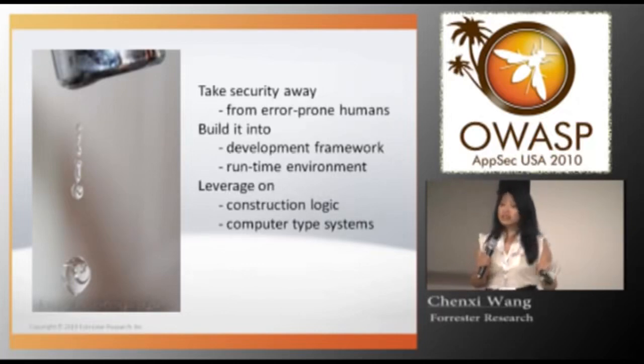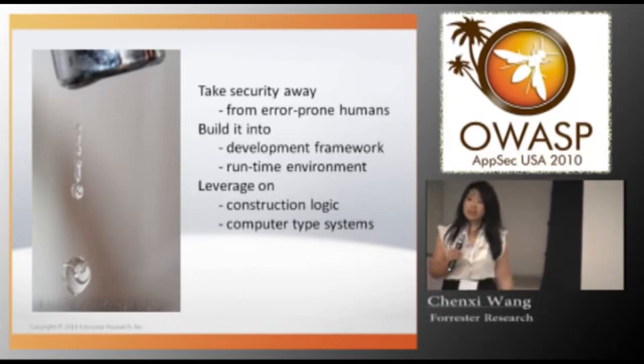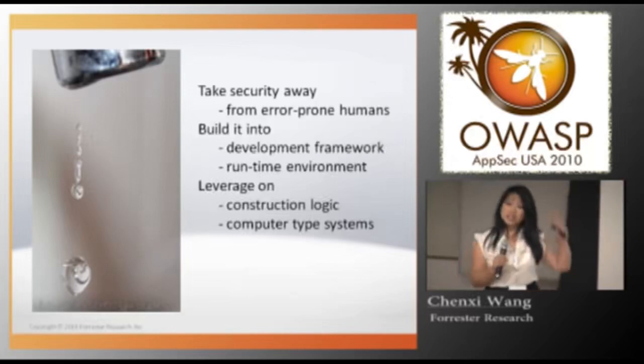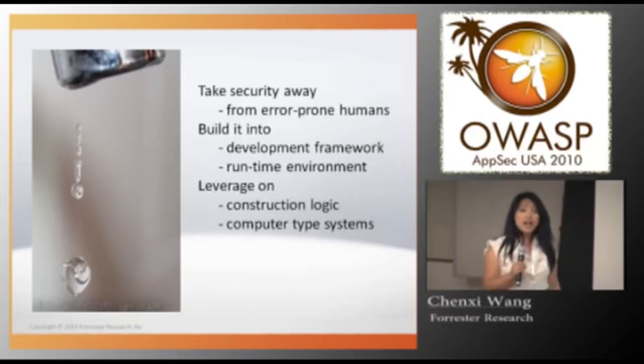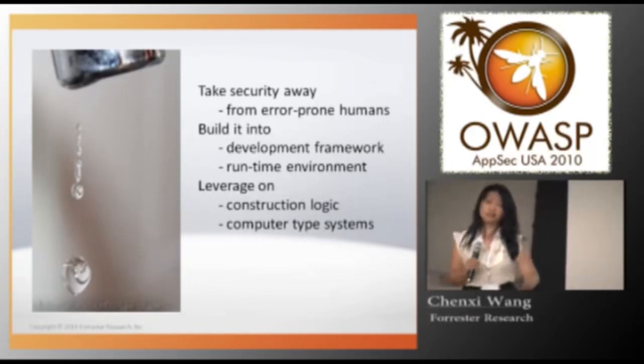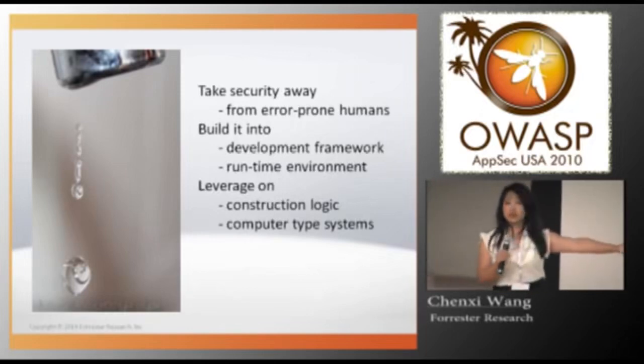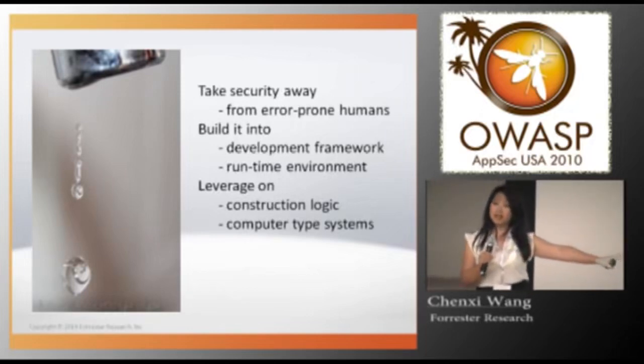But the majority of developers don't, and let's not try to get them to do that. Second point, let's build security into development frameworks and runtime environments that are not controlled by humans. Okay? It's automatically done. And let's leverage some of the fundamental work that's been done in computer science about constructive logic, about rich type theories, to do that.